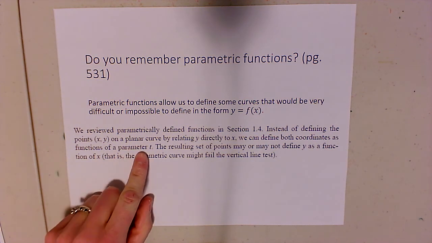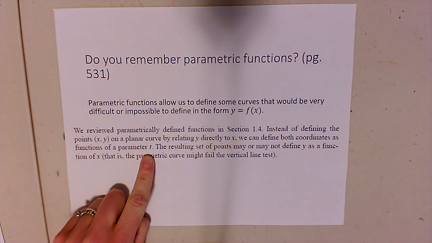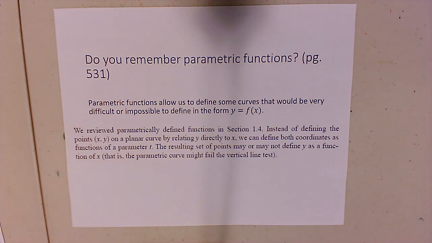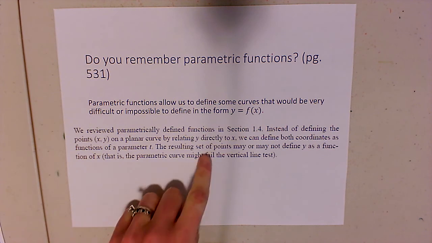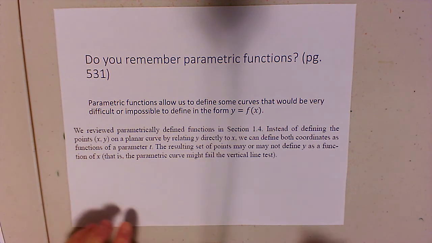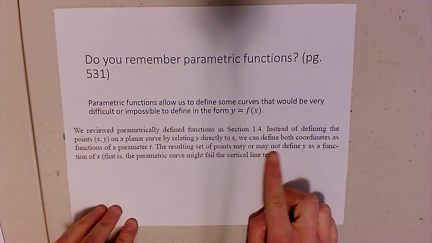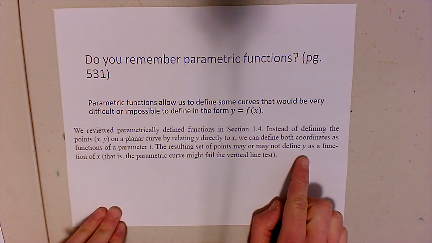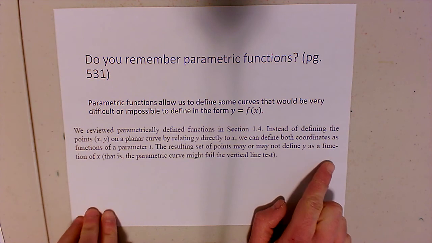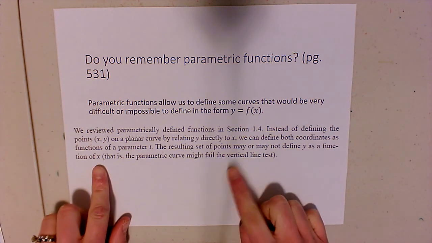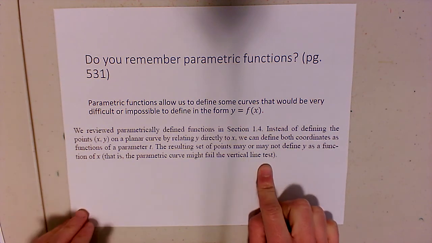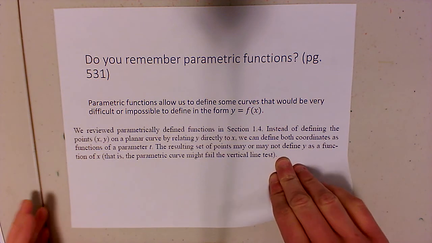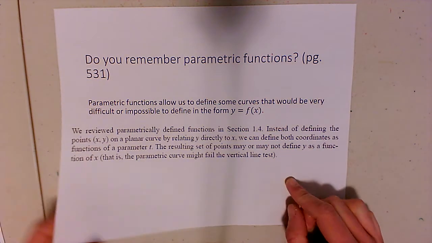That parameter can be t if we're talking about time, or if we want to talk about how things move through angles, we can use theta to represent an angle. The set of points that we get out of these individual functions for x and y, well, I shouldn't say functions, I should say relations, may or may not define y as a function of x. They might fail the vertical line test, but they are a relation.